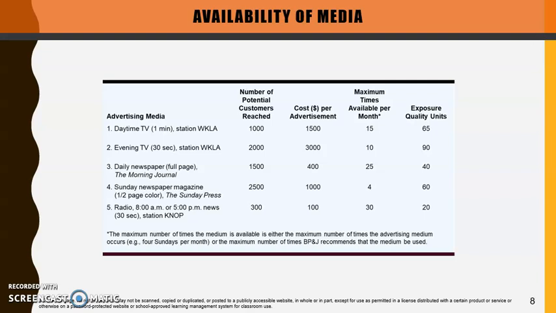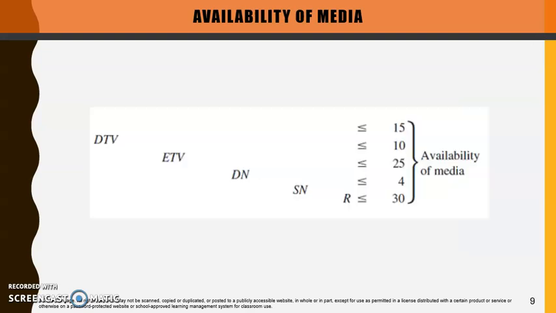So here you can see this model. They are not very aligned, I just noticed. You see DTV, daytime TV advertisement, equal or smaller than 15. ETV, evening, equal or smaller than 10.